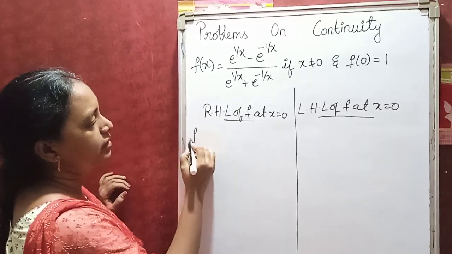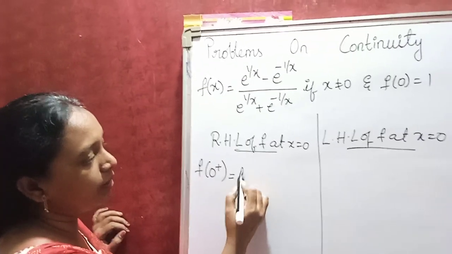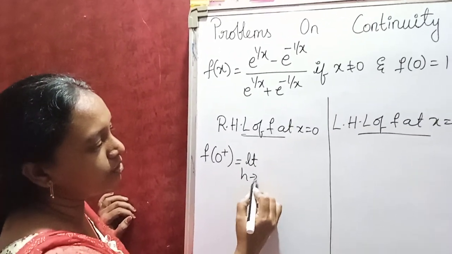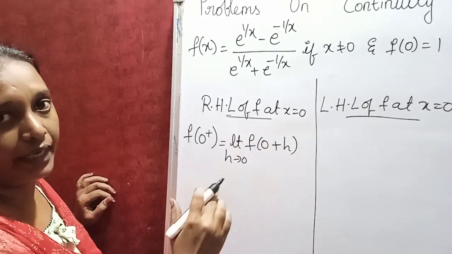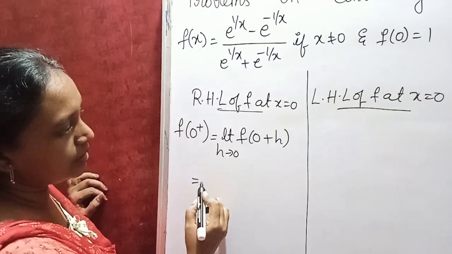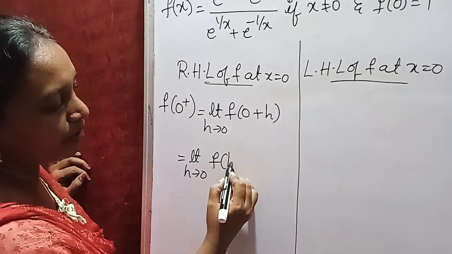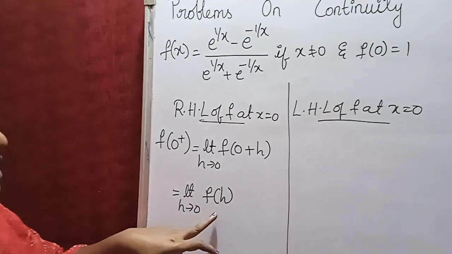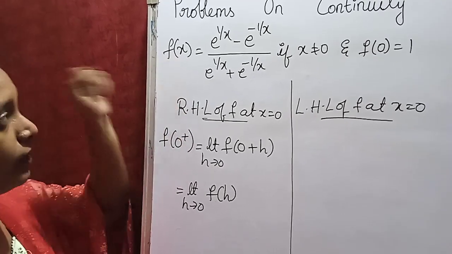Right hand limit means nothing but f of 0 plus, which is nothing but limit h tends to 0 f of 0 plus h. Right hand means 0 plus. That is equal to limit h tends to 0 f of h. F of h means in place of x you simply substitute h.